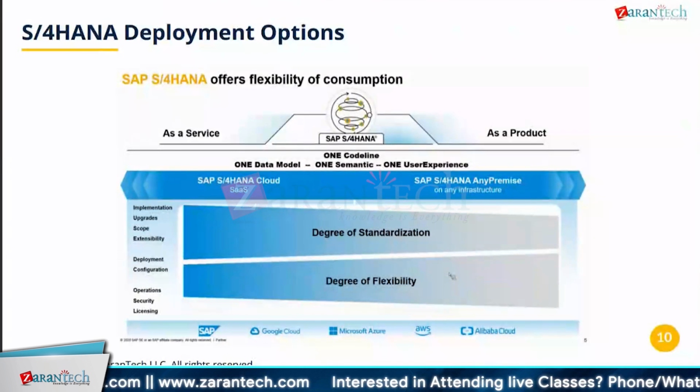So in conclusion, amongst all the three offerings, selecting the right S/4HANA deployment option depends on your organization's specific needs, whether it's the complete control and customization offered by an on-premise deployment, or the flexibility and customization of SAP private cloud, or the scalability and innovation pace with which SAP public cloud is growing.